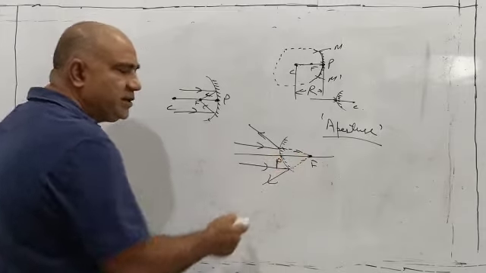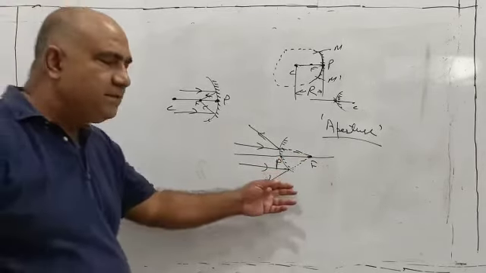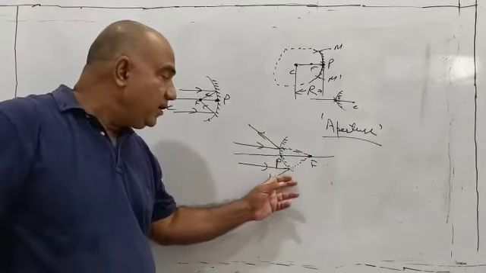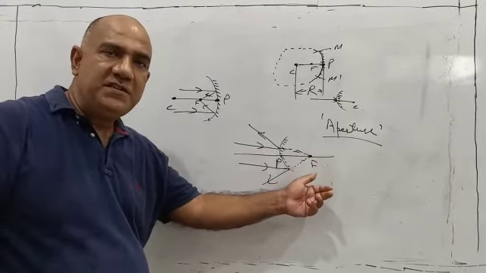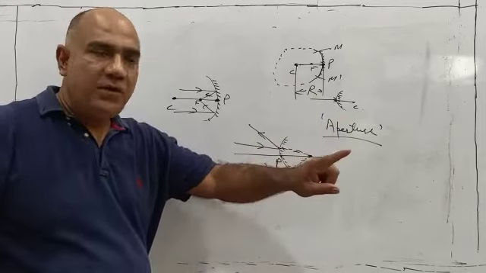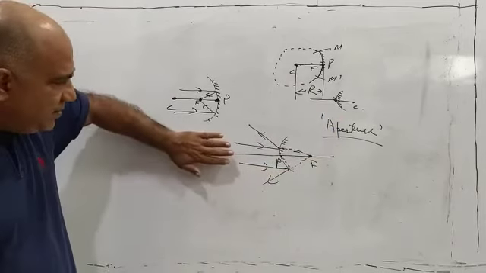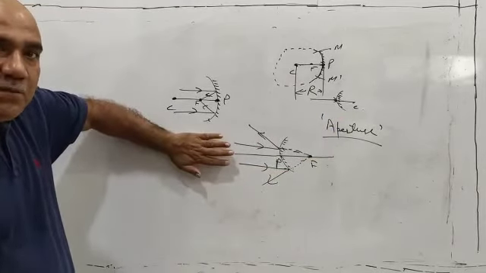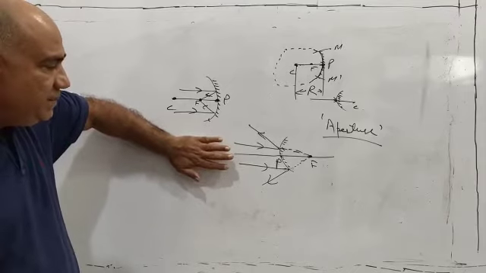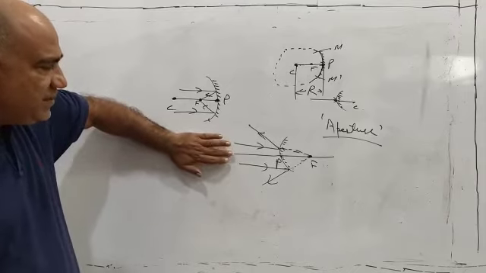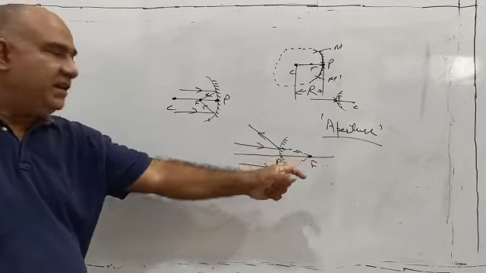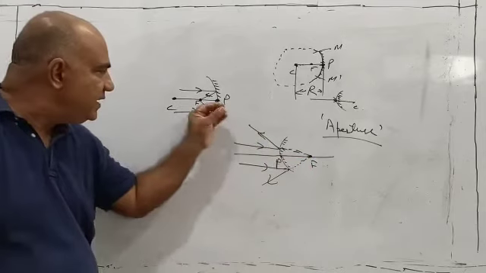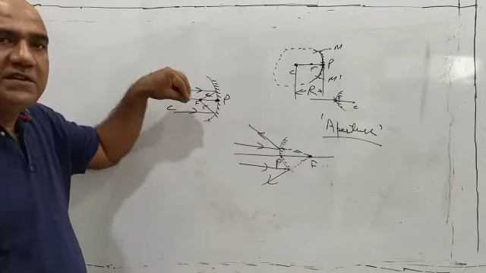So principal focus of a convex mirror is a point on the principal axis from which all the light rays which were initially parallel, that is before the reflection took place, initially parallel and close by to the principal axis, appear to diverge after the reflection. Here these are appearing to diverge, there they were actually converging.